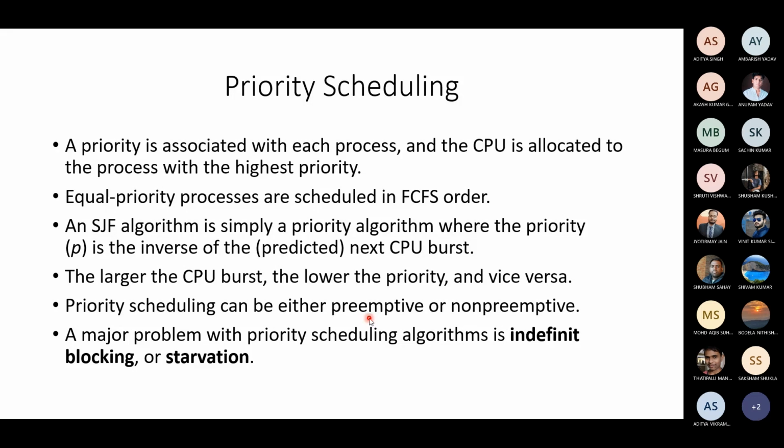Imagine that you came to the cafeteria, you are waiting in a line. Let us say that the director sir came, and because he has the highest priority, you waited in the line and you let him go first. Then the registrar sir came, then again you waited and you allowed him first.